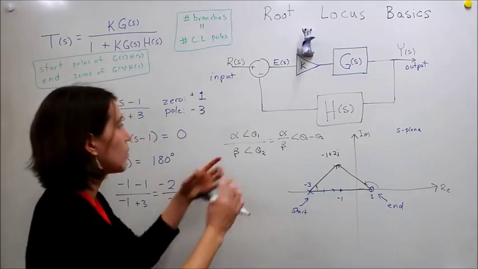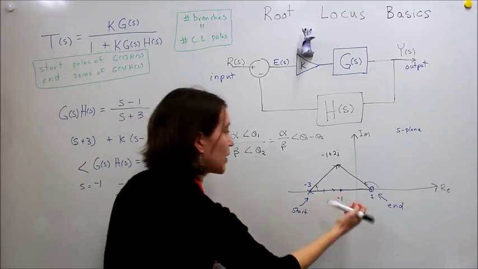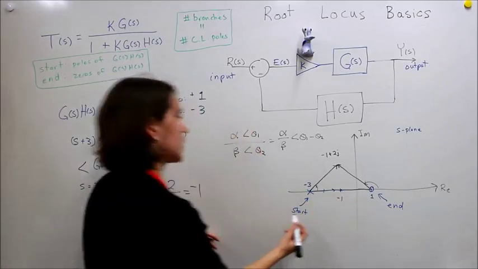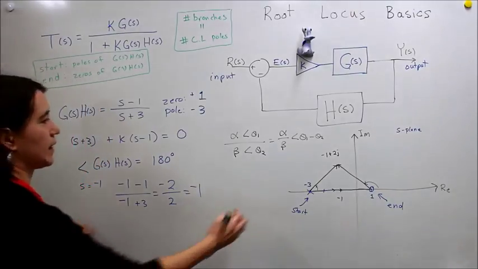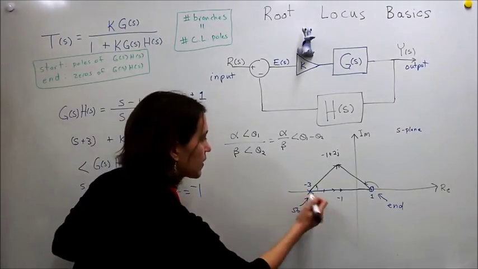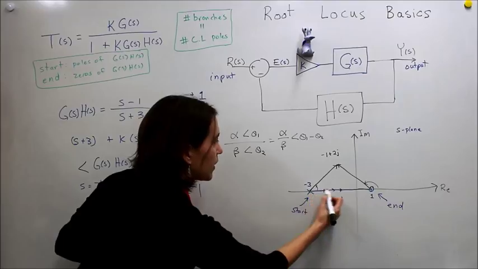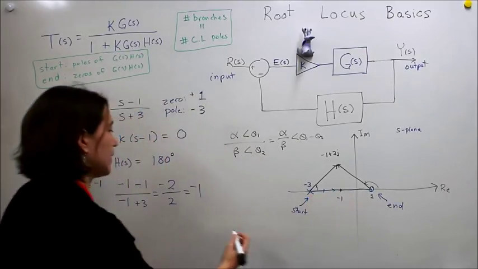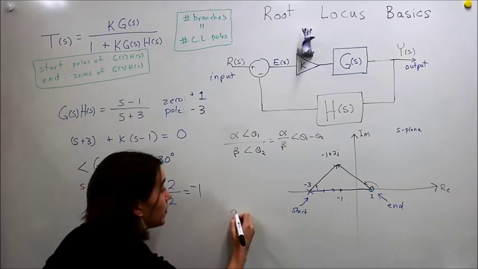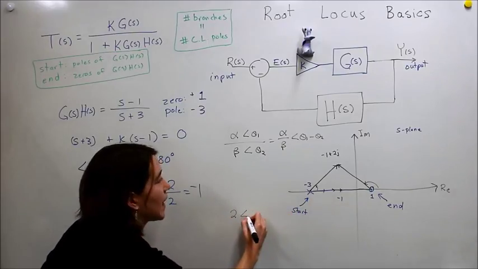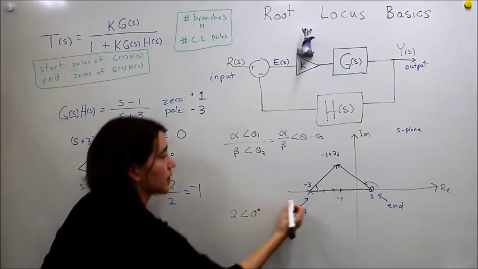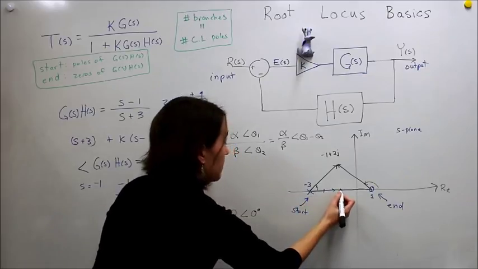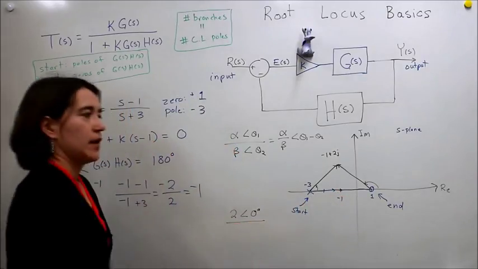So if we just do this math one more time for this test point here. If we look at the vector from -3 to this -1, it has a magnitude of 2 units. And the angle is 0, because it's pointing in this direction, to this point. Okay? Let's look at the other one.